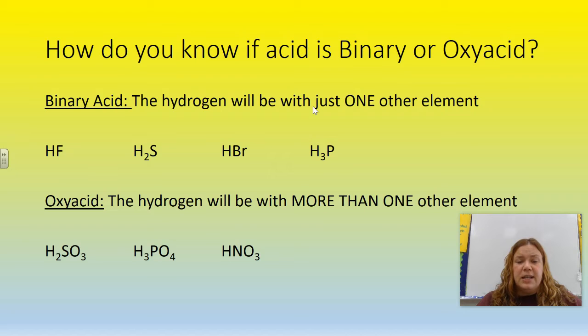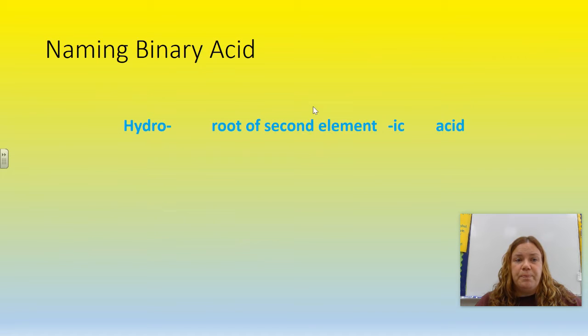An oxyacid, the hydrogen is going to be with more than one other element, and that is probably going to be a polyatomic ion. So if you look at the bottom, we have hydrogen with sulfite, hydrogen with phosphate, and hydrogen with nitrate. That gives you an indication an oxyacid is going to have an oxygen in there with the polyatomic, but it's also going to have three or more elements within the compound.